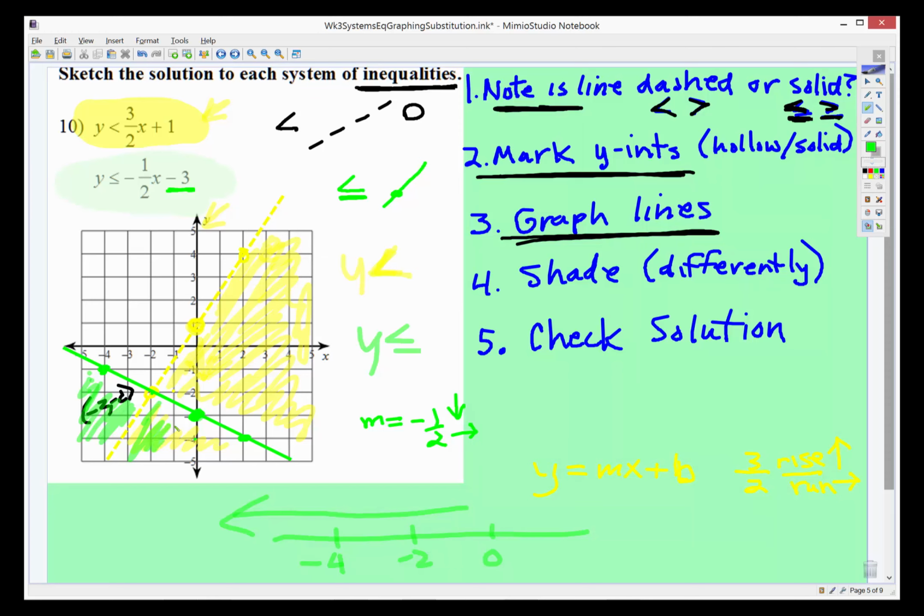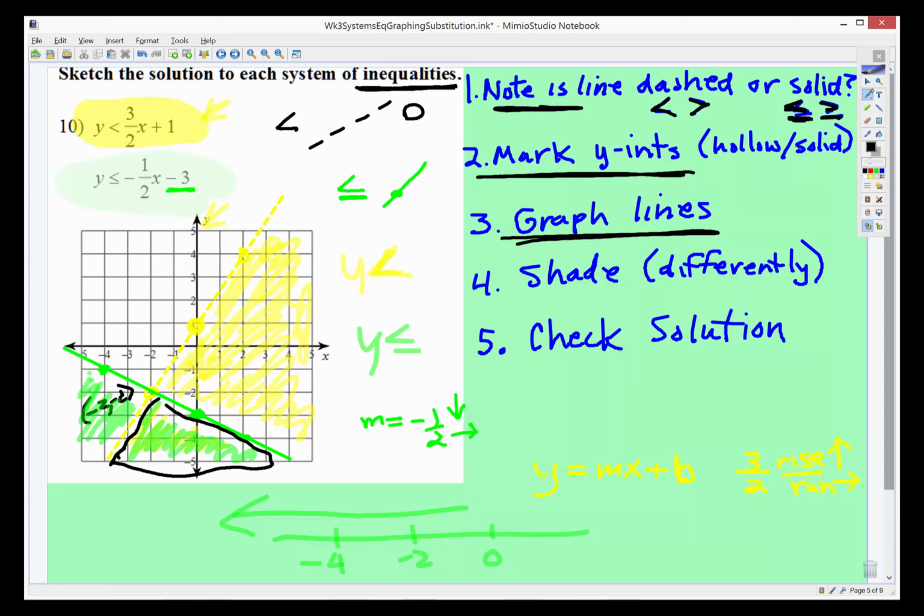And notice I tried to go in a different direction. And where they overlap, this is the solution set, and this is how you check.